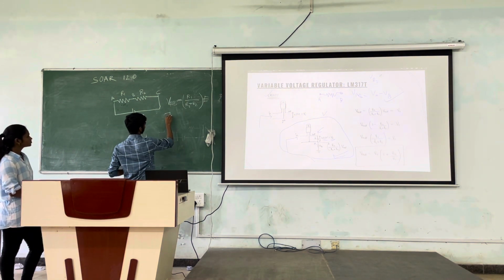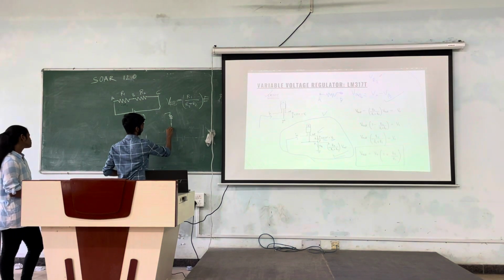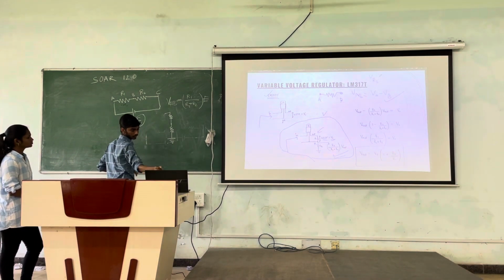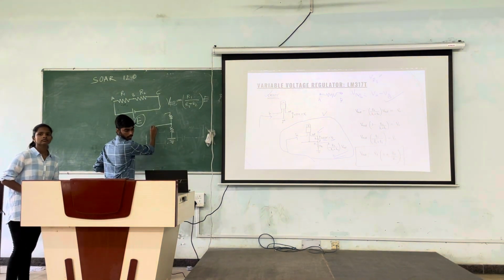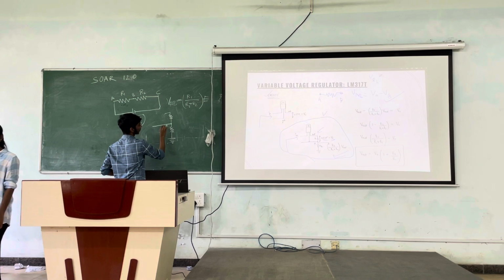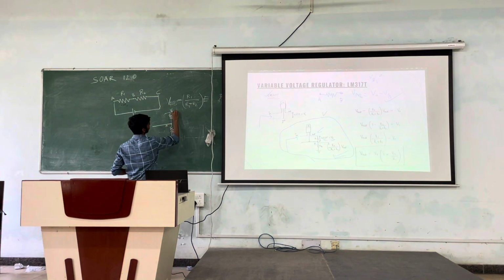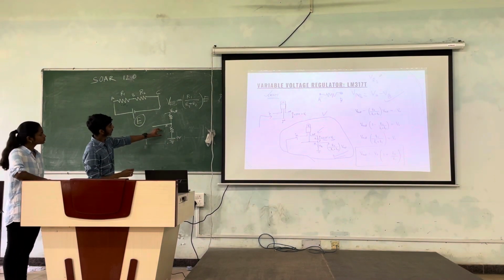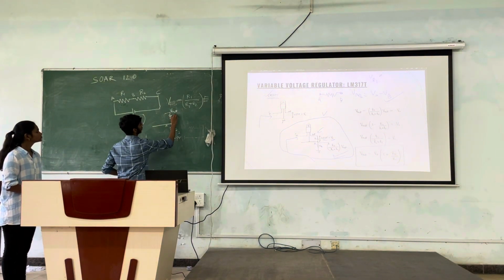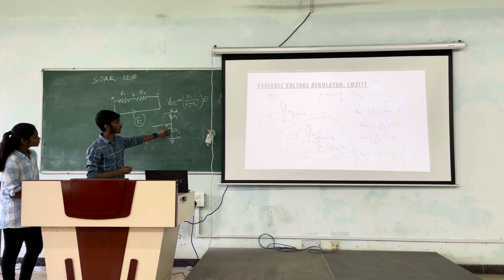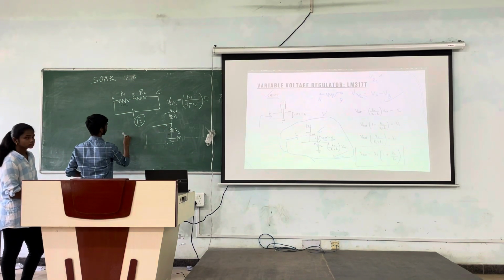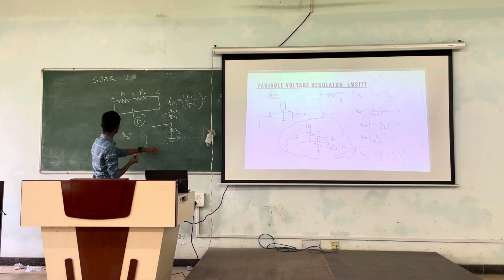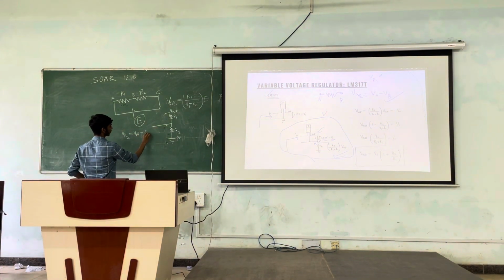It is something like this. This one is connected to ground, and this point is point A, and this is V out. This is VA, and this is at 0 volts. So the voltage across this resistance, let's say VR2, is equal to VA minus 0 volts.